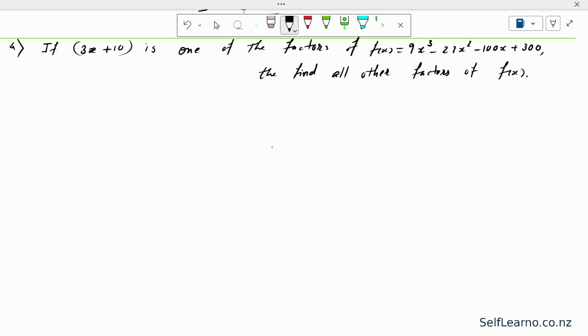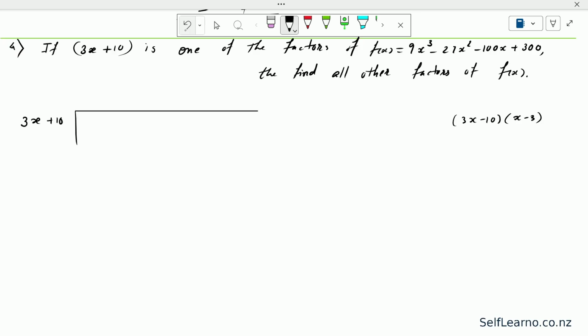If you have tried, then you should have obtained the other two factors: 3x minus 10 and x minus 3. These are the other two factors.